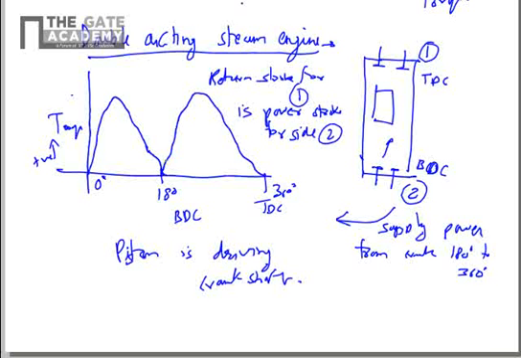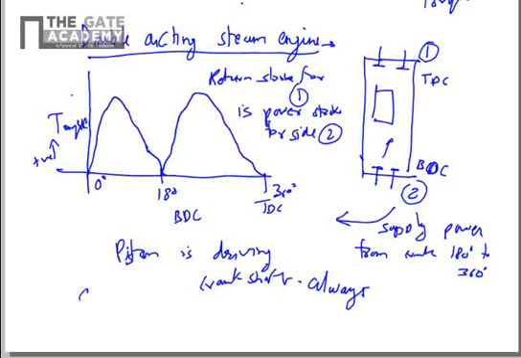So the negative or positive nature of torque will be determined by whether the piston is driving the crankshaft or the crankshaft is driving the piston. In this case, the piston is always driving the crankshaft in a double acting steam engine.